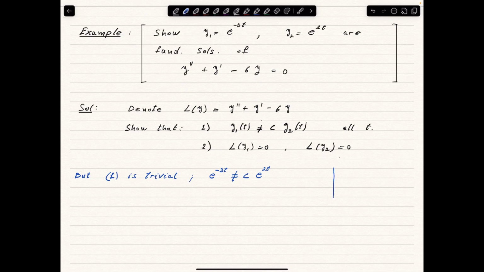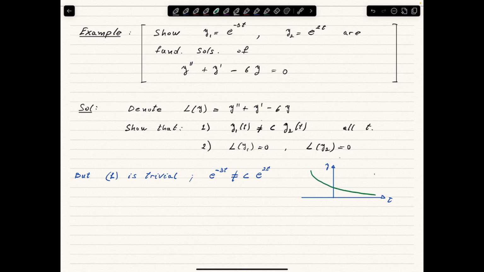Suppose we do the little graph, something like this. Let's put y here, and let's put t there. Recall exponential negative 3t passes through one, maybe over there.